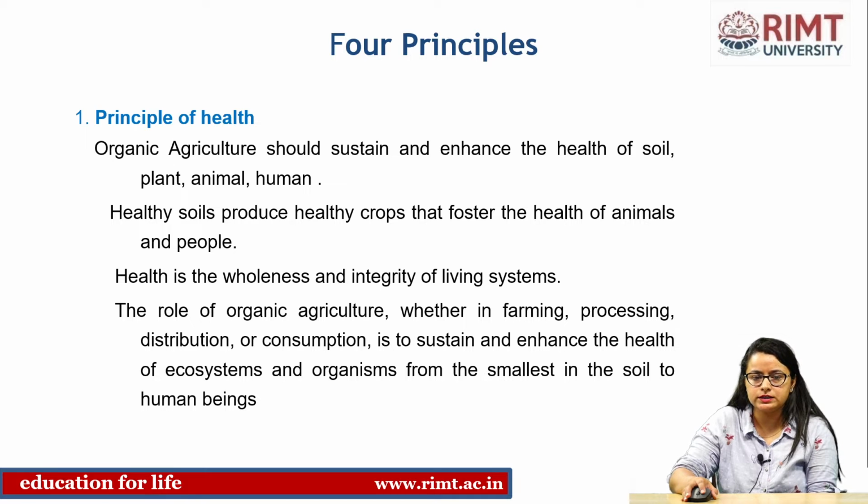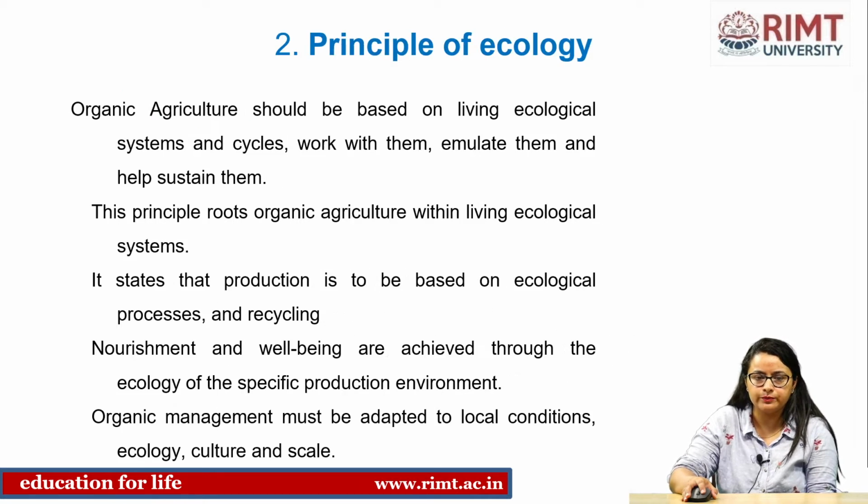Health is the wholeness and integrity of living systems. The role of organic agriculture, whether in farming, processing, distribution or consumption, is to sustain and enhance the health of ecosystems and organisms from the smallest in the soil to the human being.